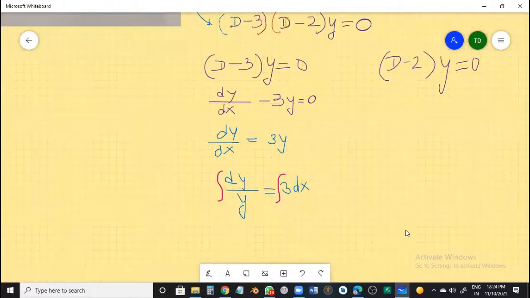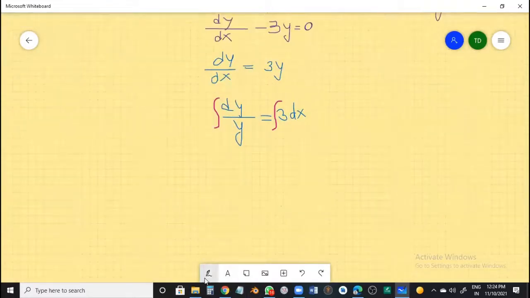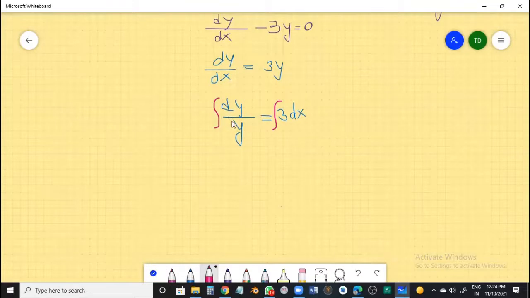Now what will be the integration? You know, dy upon y, what is the integration? Okay, reverse way, I'll ask you. What is the function whose derivative is 1 upon y?